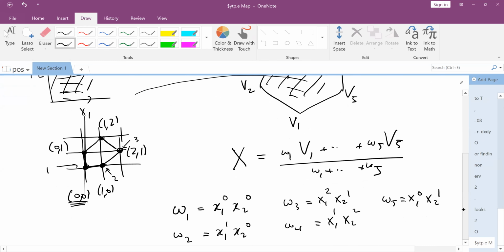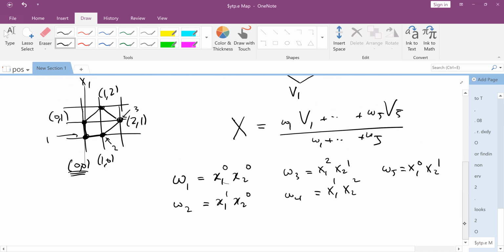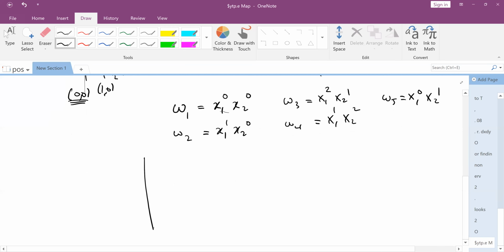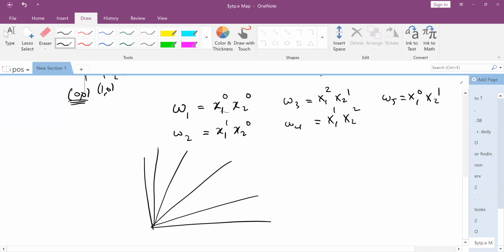The interesting thing is that as the little x's go off to infinity in different directions in little x space, different ones of these monomials will dominate.